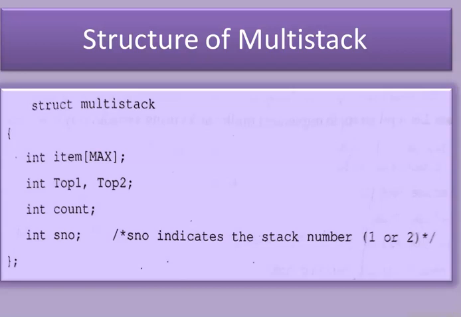So we will be considering two tops here because we are virtually indicating or including two stacks into the same array towards the left end and towards the right end. So they have to be manipulated using two tops, one for the left array portion and the other for the right array portion.